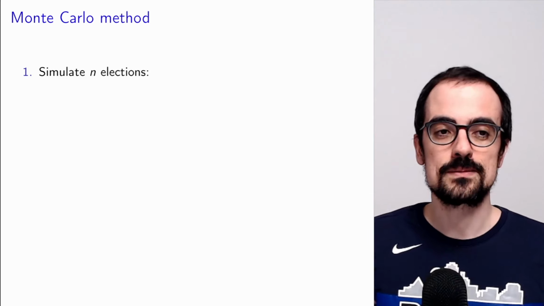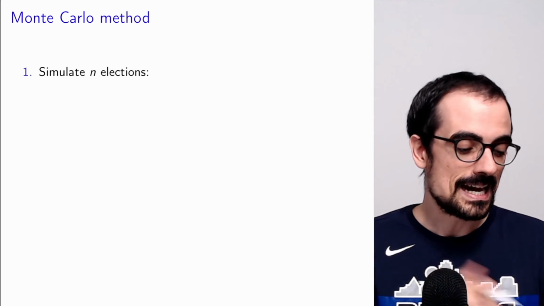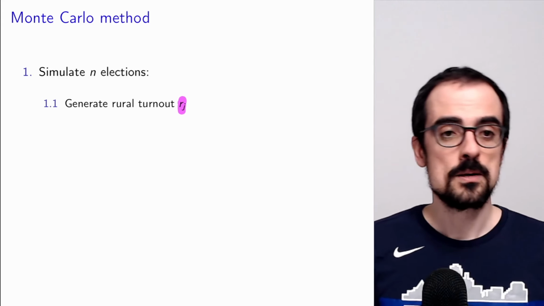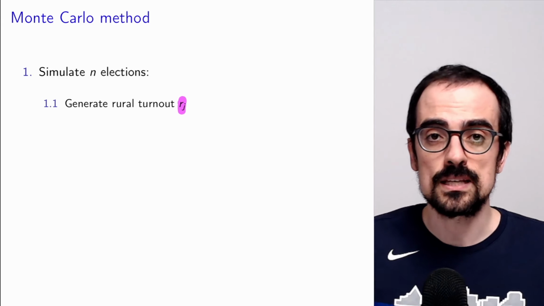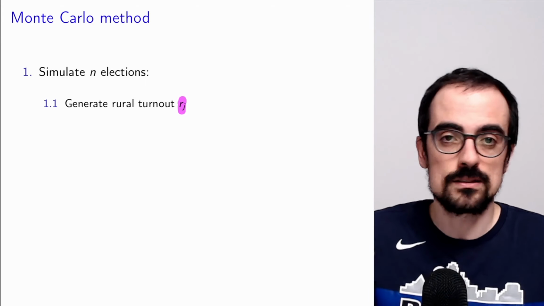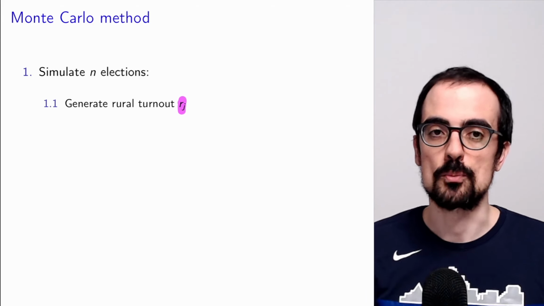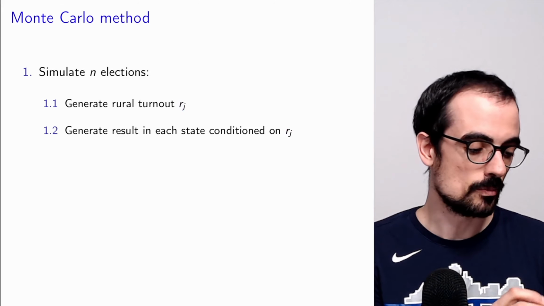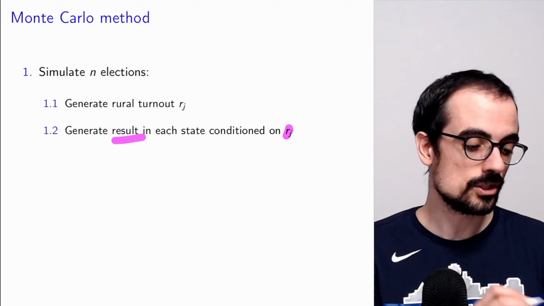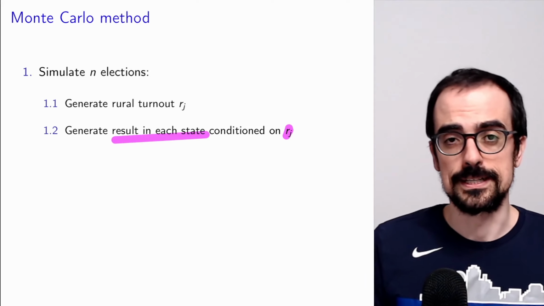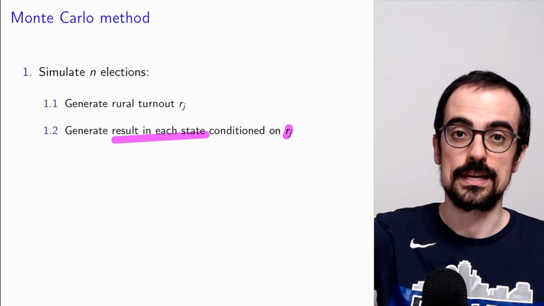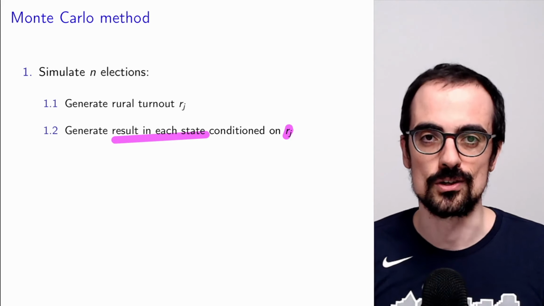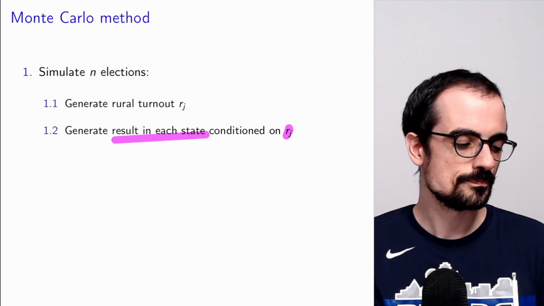What we're going to do is simulate many elections. Now we're going to generate the rural turnout Rj. We can do that, right? Because we know it's uniform between 0 and 1. We just generate it. Whatever, it's 0.6, let's say. Then conditioned on that value, on 0.6, we generate the result in each of the states. We know the conditional probability that the Republican candidate wins in each of the states, conditioned on that value of the rural turnout. So we simulate it.